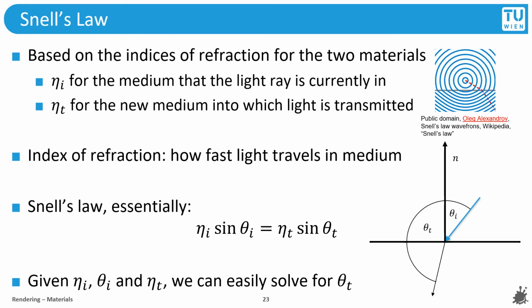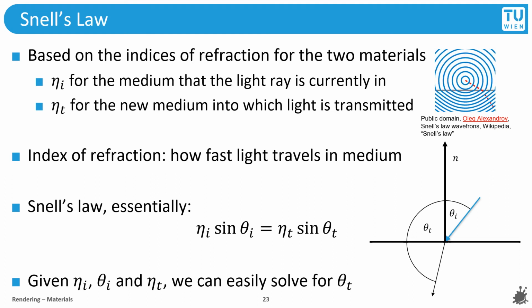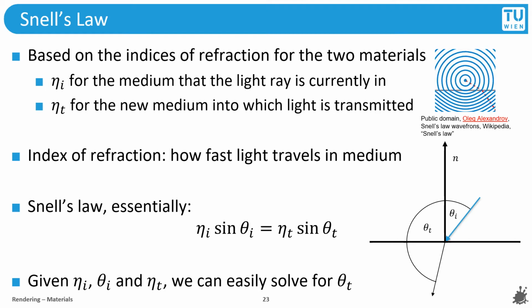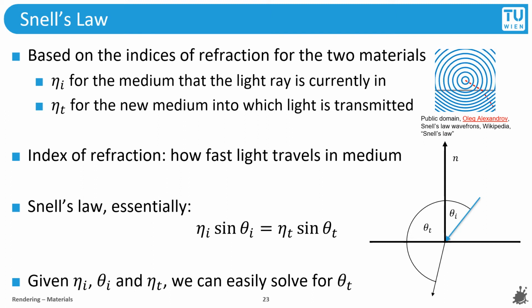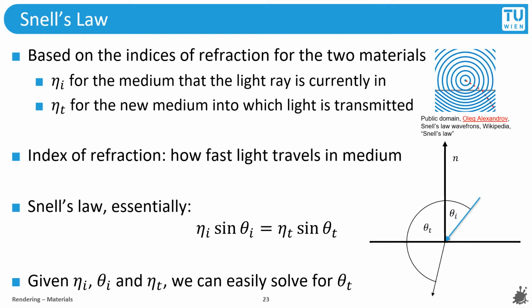This index gives us a relative measure of how fast the light travels in either. We will not derive it here, but Snell's law essentially gives us a way to equate the directions before and after the interaction with the formula eta_i times sin(theta_i) equals eta_t times sin(theta_t).